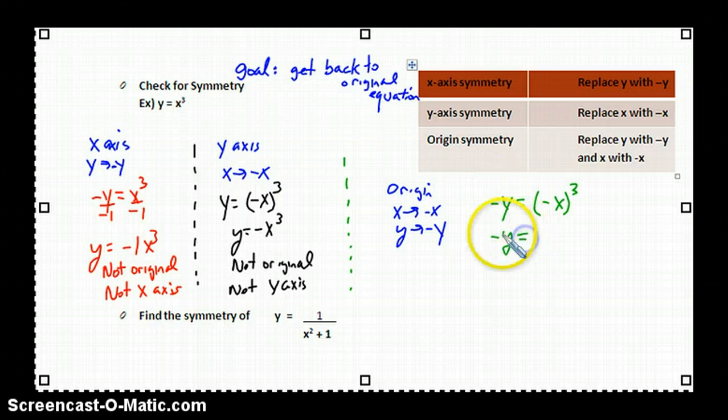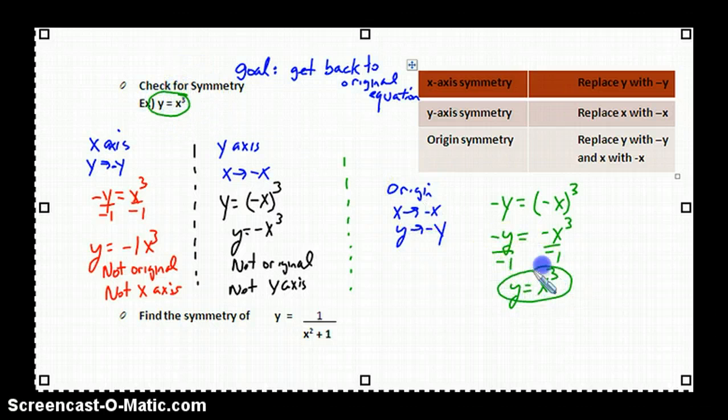So this side's still going to be negative y, but this is going to be negative x to the third. And then I can get rid of the negative by dividing by negative 1, and what will happen here is that the negatives will cancel out and I'll just be left with y equals x to the third. Well, that is my original equation. So because I was able to get back to the original, then I know that it's symmetrical along the origin. So I'd want to write origin symmetry.